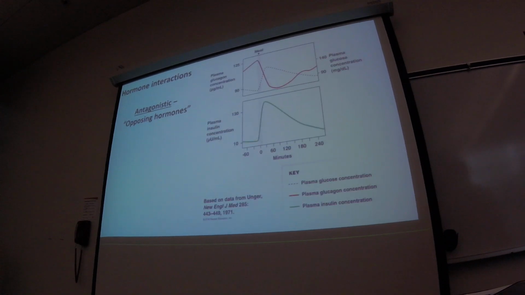The last type of interaction is antagonistic, or opposing hormones. There are two hormones that do opposite effects, and hopefully you remember the previous example of insulin and glucagon, right? Glucagon raises the blood glucose levels, insulin reduces the blood glucose levels, and they work in tandem.